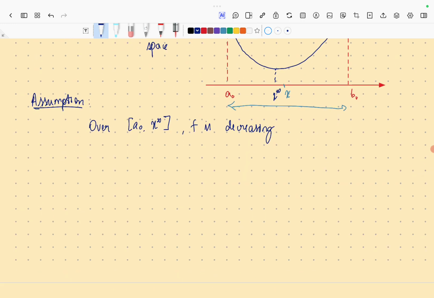When I say decreasing, I mean strictly decreasing. So f of x1 is less than f of x2 for x1 greater than x2, where x1 and x2 are points between a0 and the point of minimum.